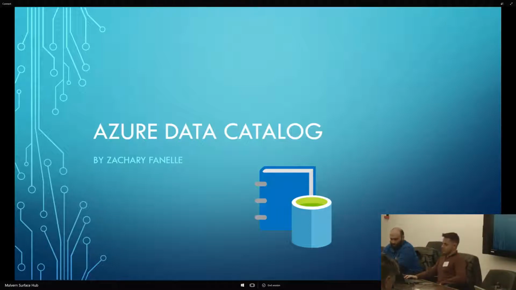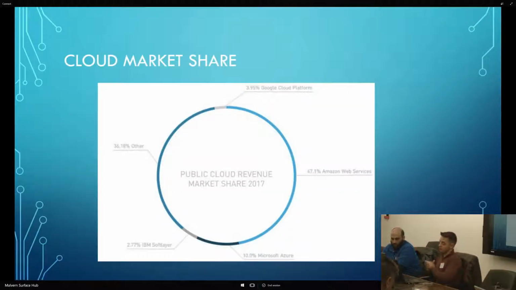So let's begin. Why is cloud computing so important, and where is Azure in it? As of now, in terms of public cloud revenue, Azure is about 10% and AWS is about 47%. I recently saw data that Azure is about 15% in terms of adoption and growing, with Amazon Web Services at about 42%. So we can see that Azure is gaining momentum.